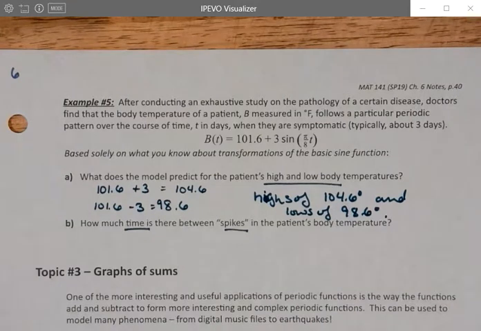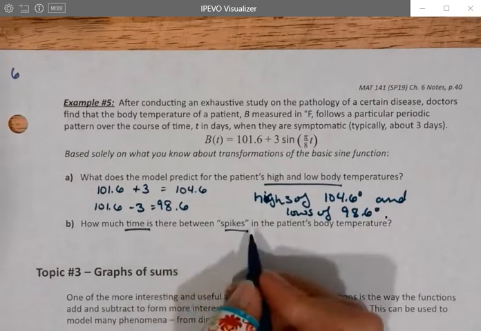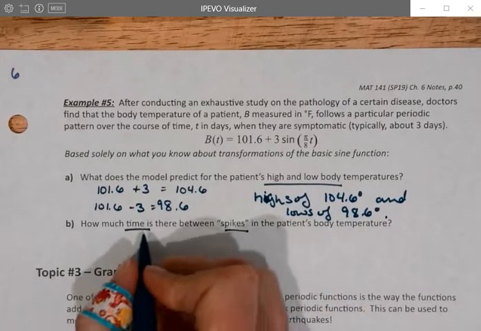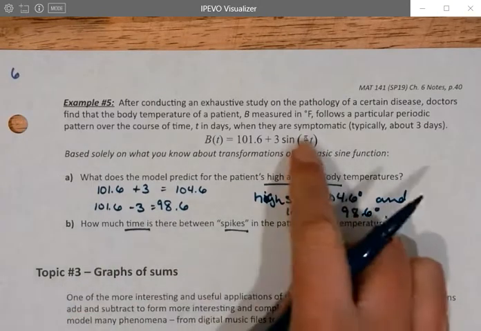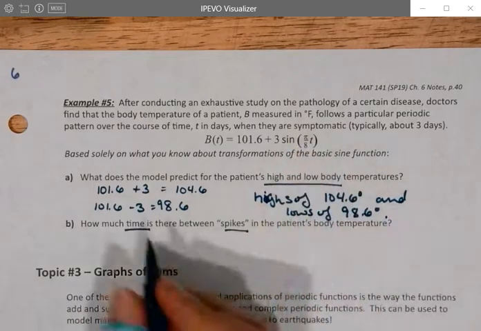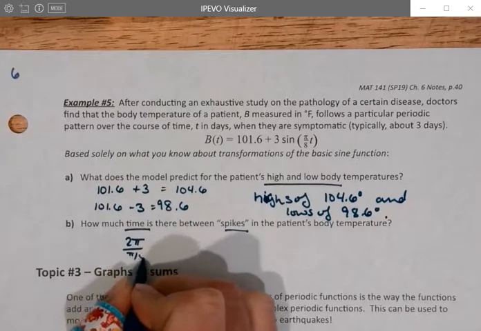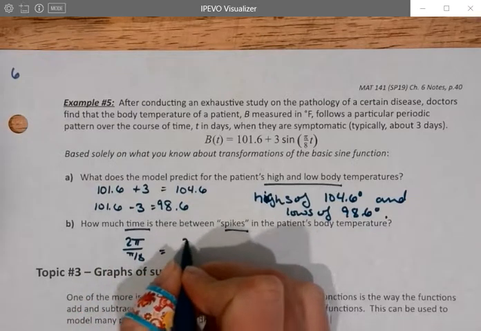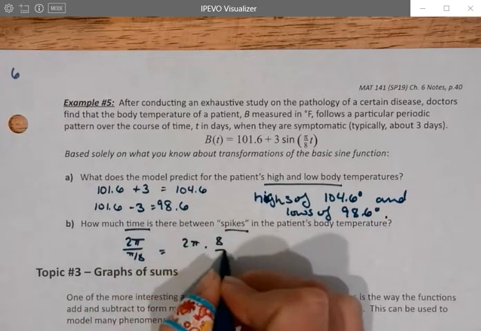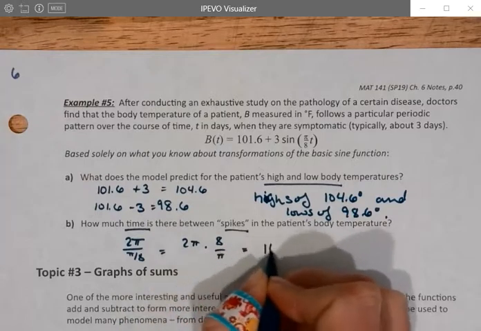All right, then how much time is there between spikes? So this is going to deal with the period. And so I know that I need to take 2 pi for the sine function and divide it by pi eighths. So 2 pi divided by pi eighths, that's the same thing as 2 pi times 8 over pi, and so I get 16.